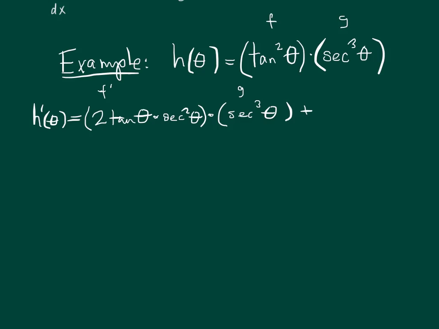Plus, I'm going to start a new line. In practice, you're probably not going to do this on the page, but on the new line, I'm going to have g prime first. Now g, the outside function, is cubed, and the inside function is secant. So we're going to have 3 secant squared, just like the derivative of x cubed is 3x squared, times the derivative of the inside, derivative of secant, is secant tangent.